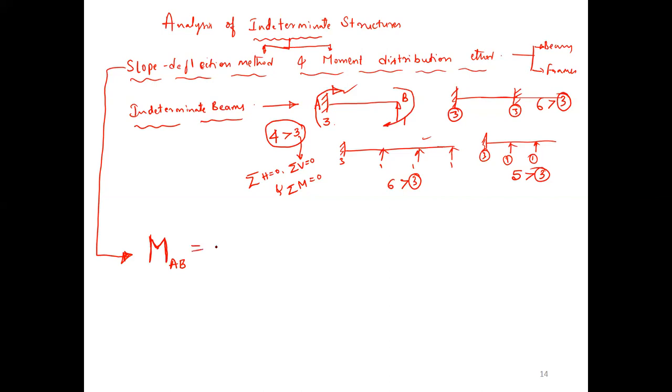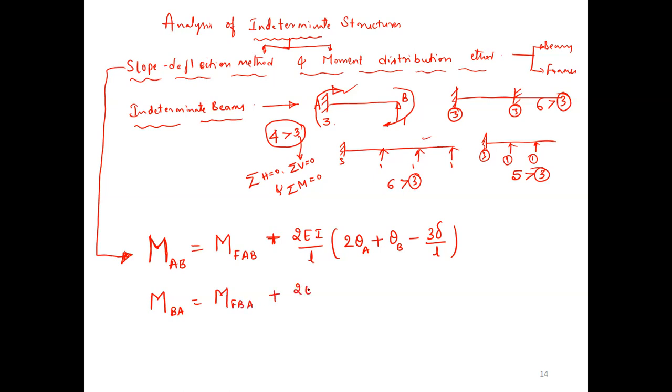MAB equals MFAB or MAB bar, both are the same, fixed end moment, MFAB plus, or minus, or you just take plus, no problem, 2EI by L multiplied by 2 theta A plus theta B minus 3 delta by L. Similarly, for the BA member, MBA equals MFBA plus 2EI by L into 2 theta B plus theta A minus 3 delta by L.